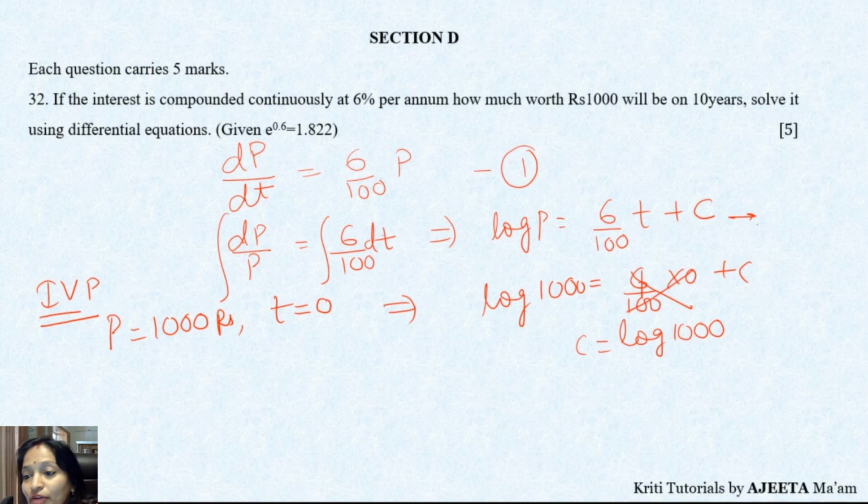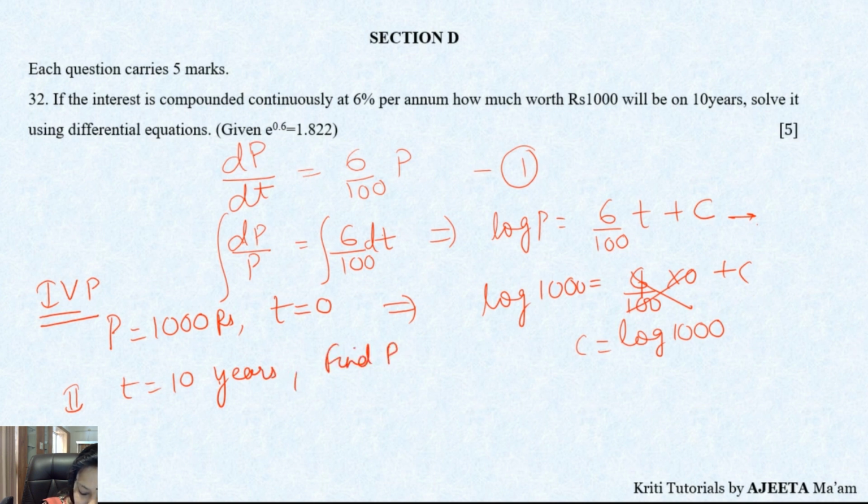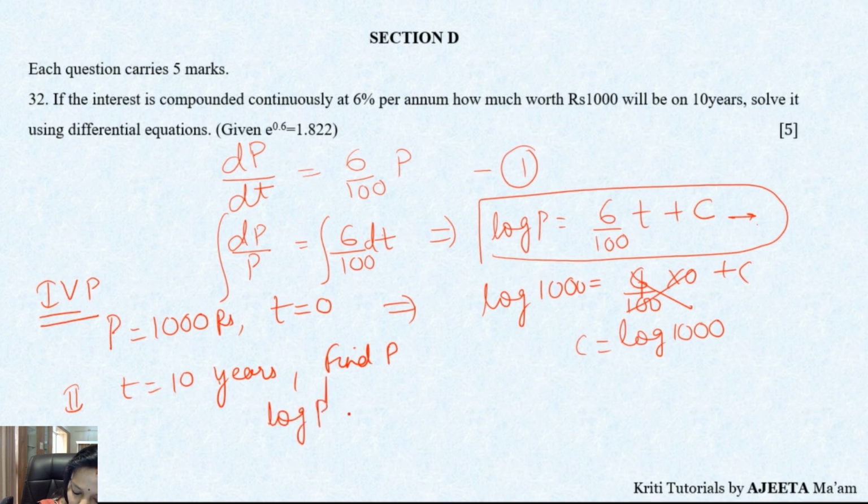Okay. Now we have to find in 10 years how much it will become. So now the second condition is T is 10 and we have to find P, that is, how much that 1000 rupees will become. Correct? Now let's put it again in this equation. So log P as it is equals 6 upon 100 times T, which is 10, plus C, and C we have found is log 1000.